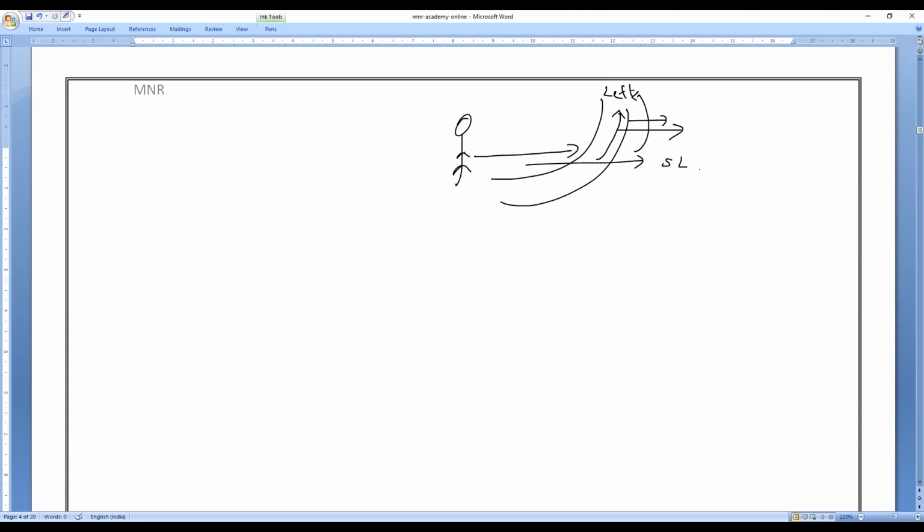So what will happen? When you take a sudden left, our legs want to move in the left direction, but our head still wants to maintain the straight line motion. If you are not balancing properly by then, automatically you will slip, or fall down, or something will happen.